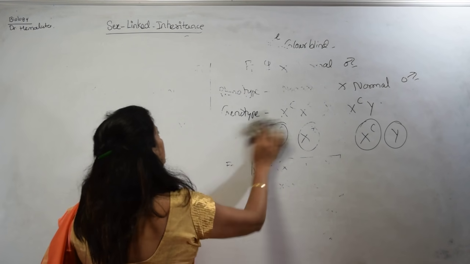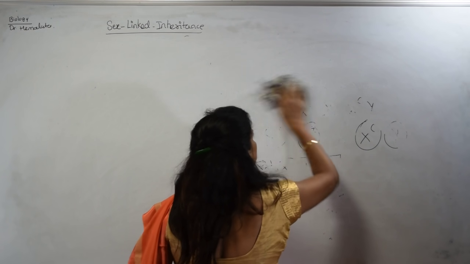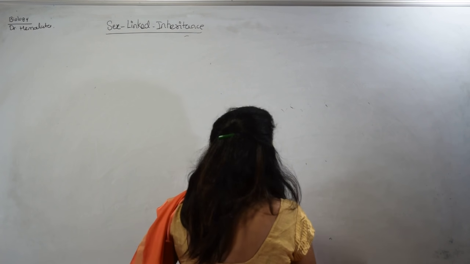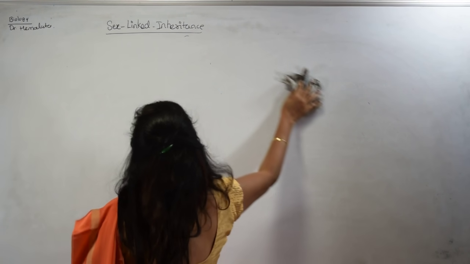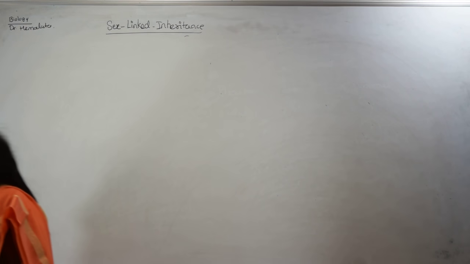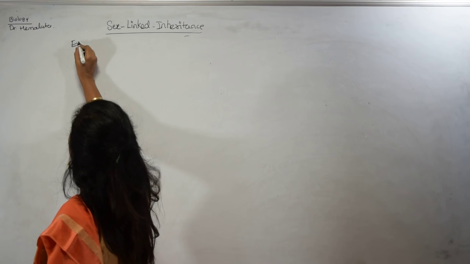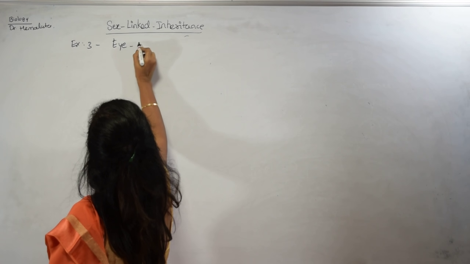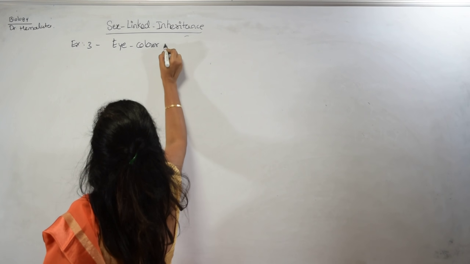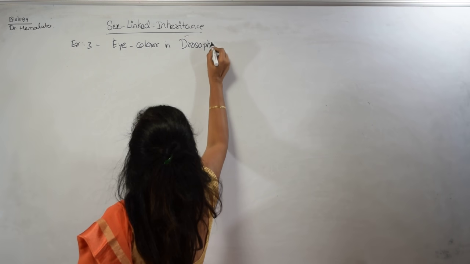So remember when I told you something about Morgan, T.H. Morgan, Thomas Morgan during linkage and crossing over, I mentioned that some mutants are produced in Drosophila melanogaster. Now I am giving you that example. Example number 3, that is the eye color in Drosophila melanogaster.